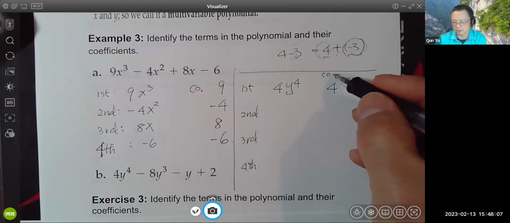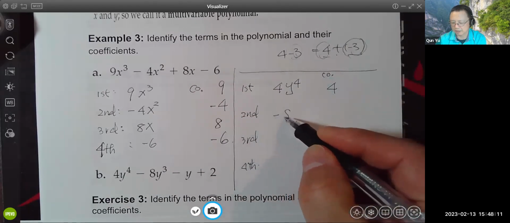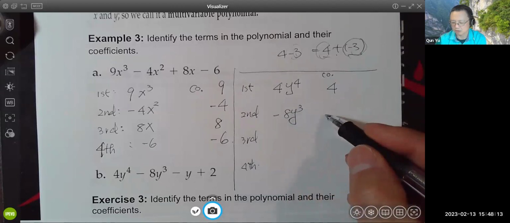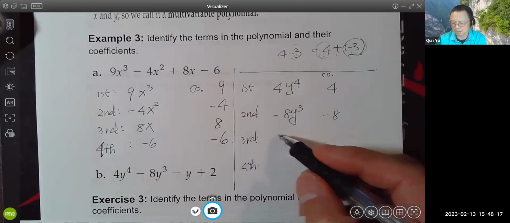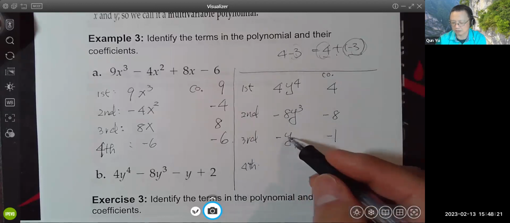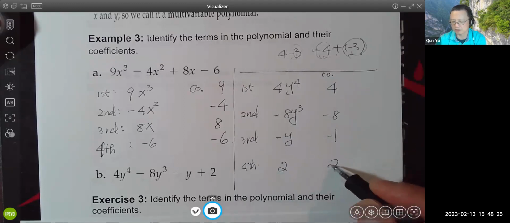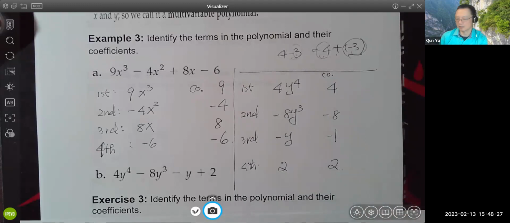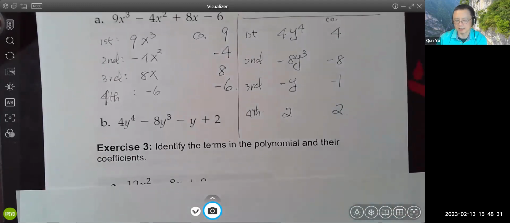And the second term is negative 8y cubed. And the coefficient is negative 8. And the third one is negative y. Coefficient is negative 1. That's a hidden 1 here. And the last one is positive 2. Coefficient also positive 2. So this is how we identify the coefficients and identify the terms in a given polynomial.